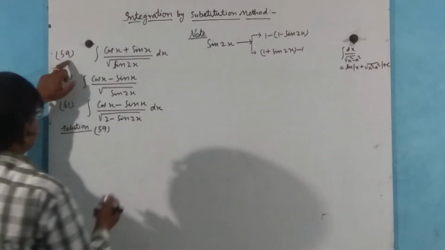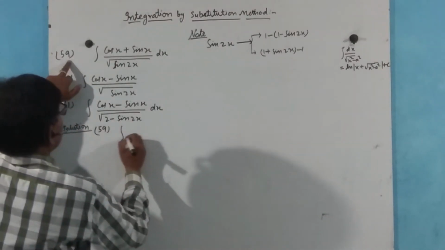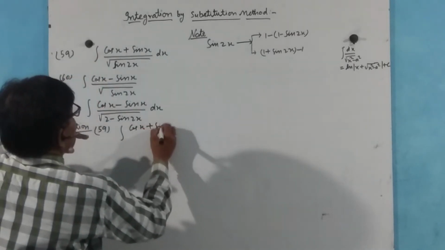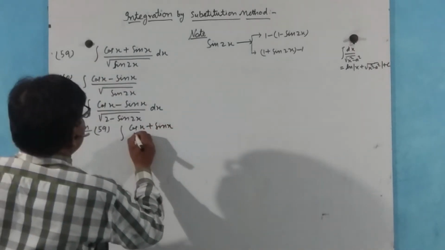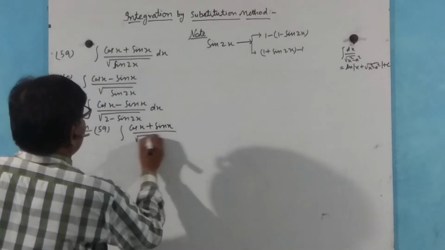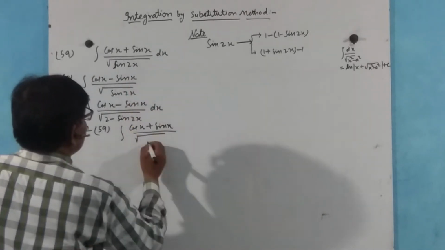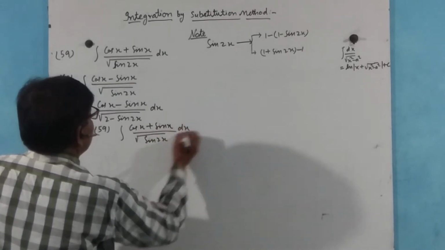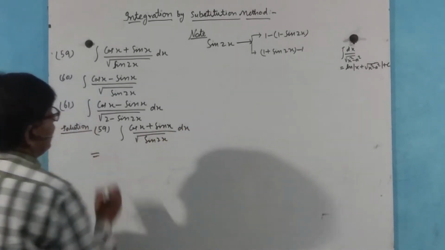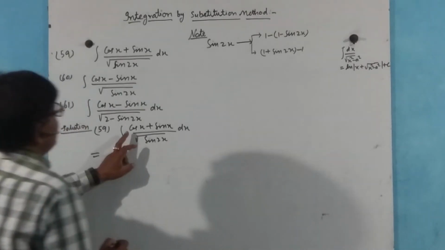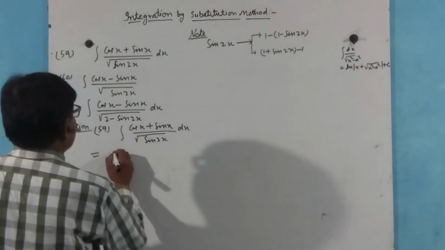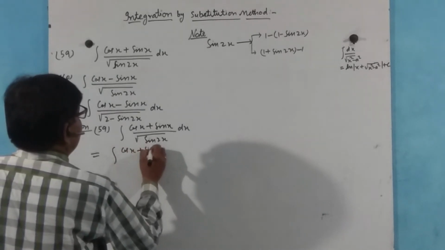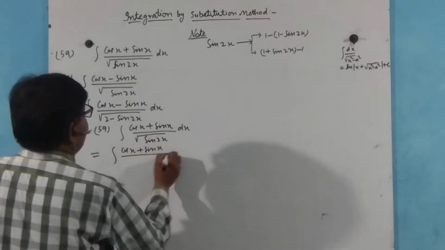Now take question number 59: integration of (cos x plus sin x) divided by under root sin 2x dx.